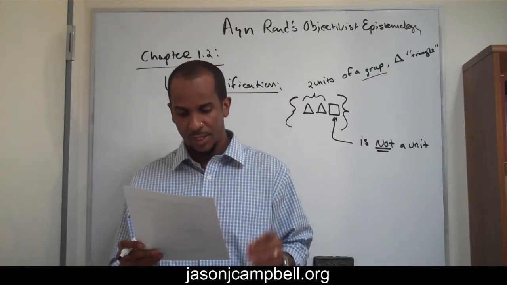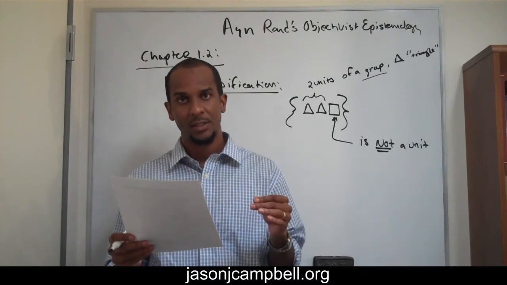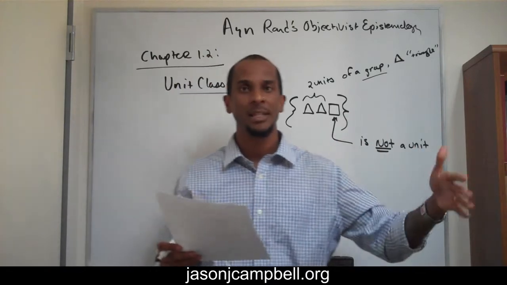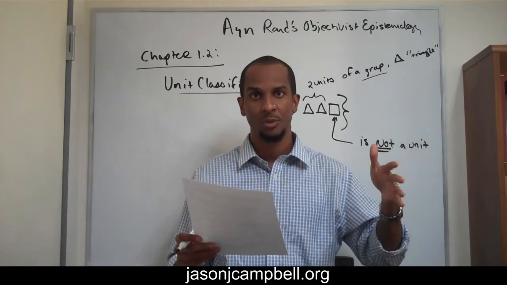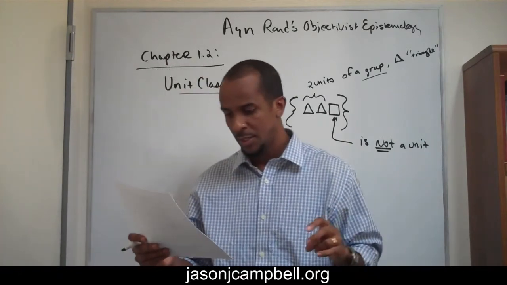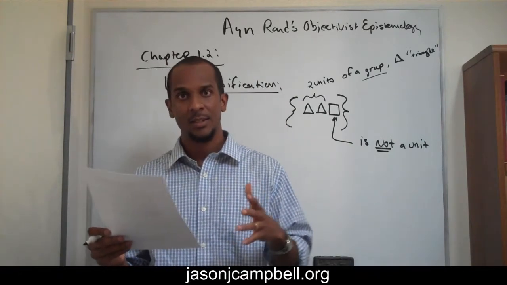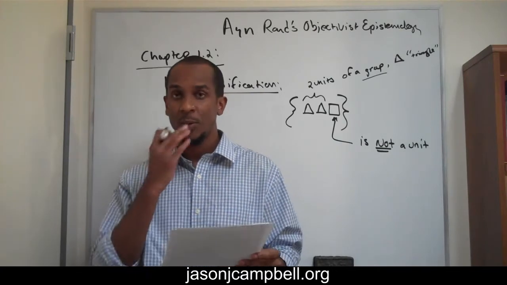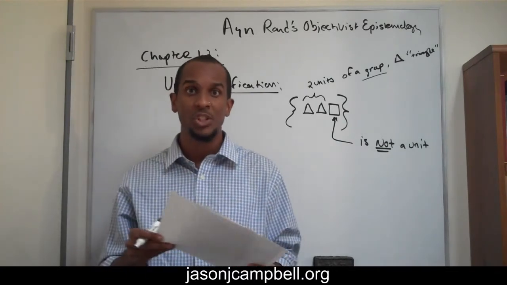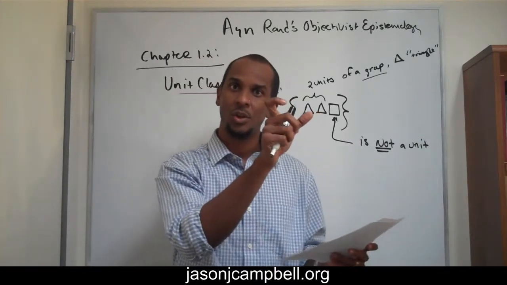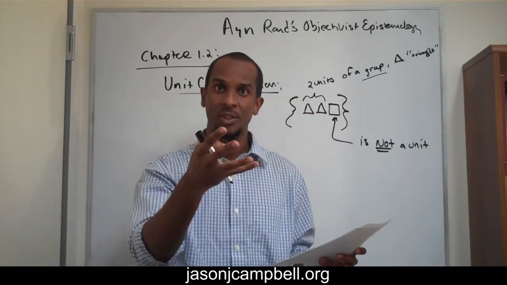The next thing to recognize is that in discussing unit classification, there is a method of identifying members within a group, or components within a group. There's a method of identification, and this is the second stage of existence. Insofar as we're talking about identification of a thing, identification is contingent on perception, my perception of something.